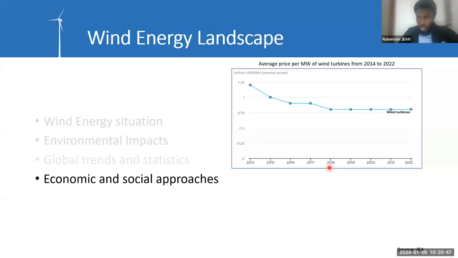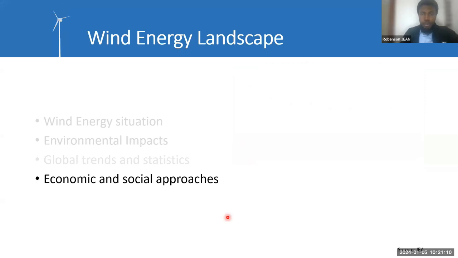From 2018 to 2022 the price of wind turbines has been unchanged, whereas in the year 2014 the prices were very high, the price per megawatt. So this is good news in terms of the economic approach.